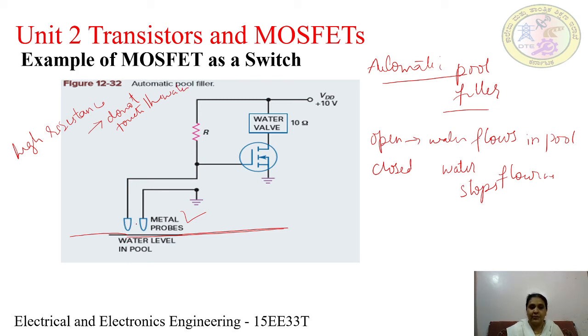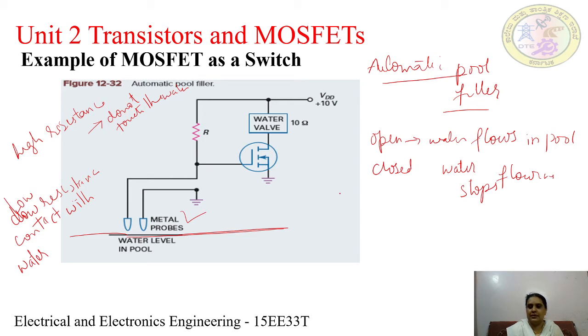Once the metal probes come in contact with the water, they possess a low resistance. So the function of the metal probes is, when they do not touch the water, they exhibit a very high resistance, and when they come in contact with the water, they exhibit a low resistance.